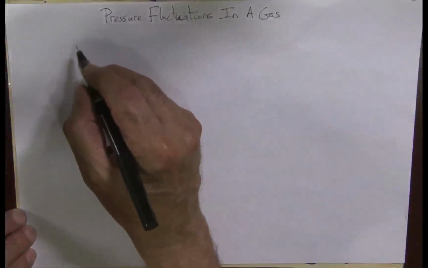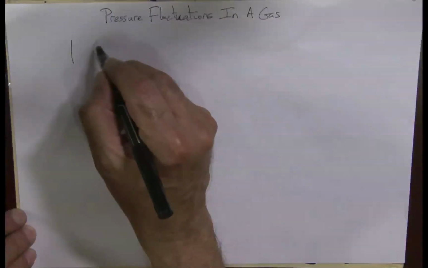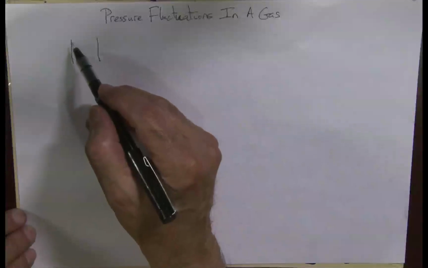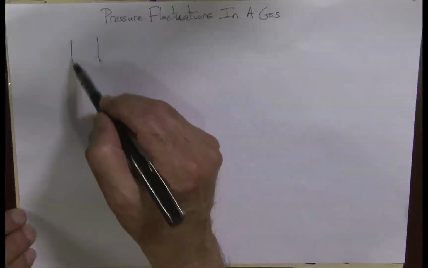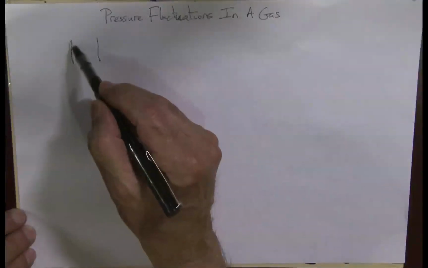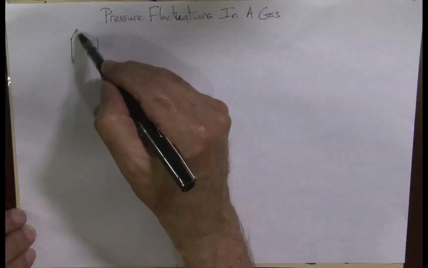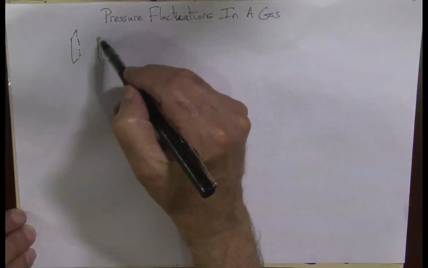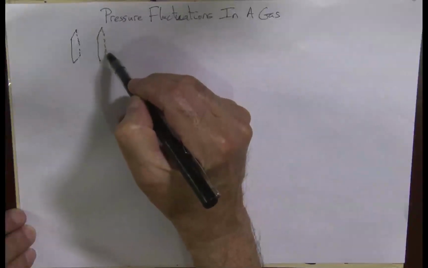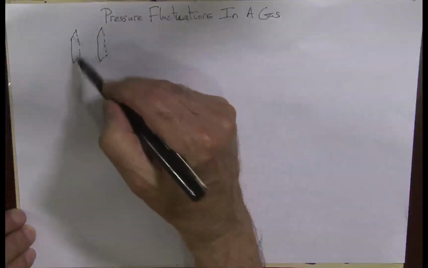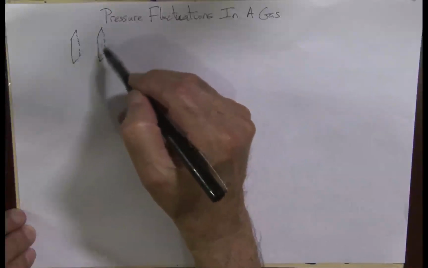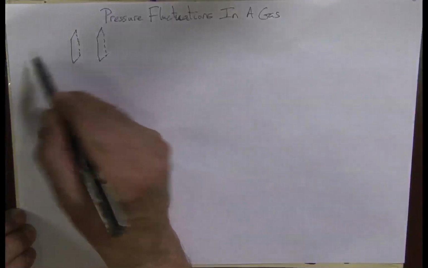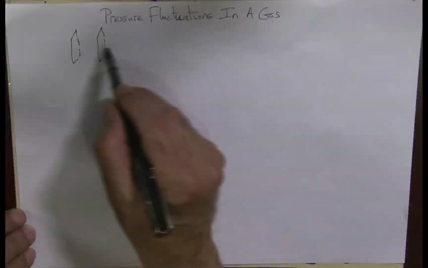Now, suppose that this is a certain volume of space, and I will always take this to be an area. So properly, I should draw it like this, that this is an area and this is an area also. So this is unit area here, unit area here. The loudspeaker is over here to the left. And this is some volume of space.